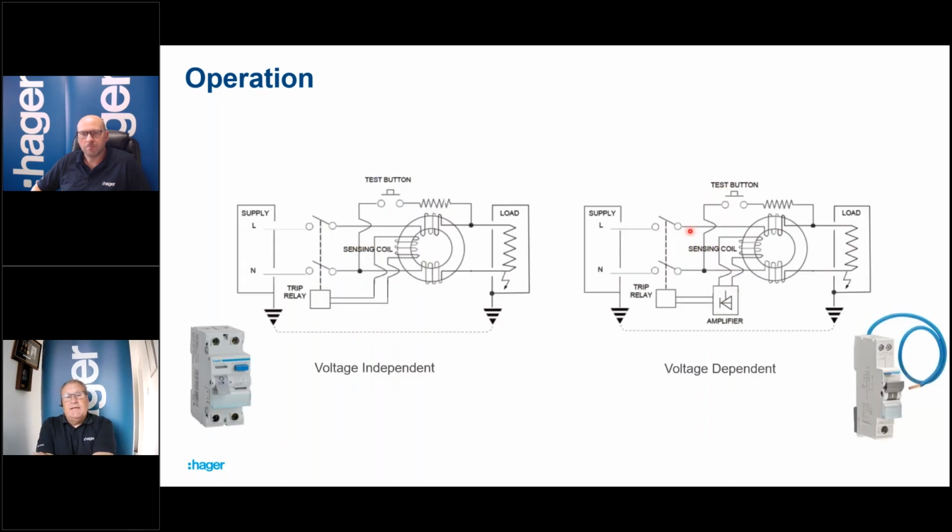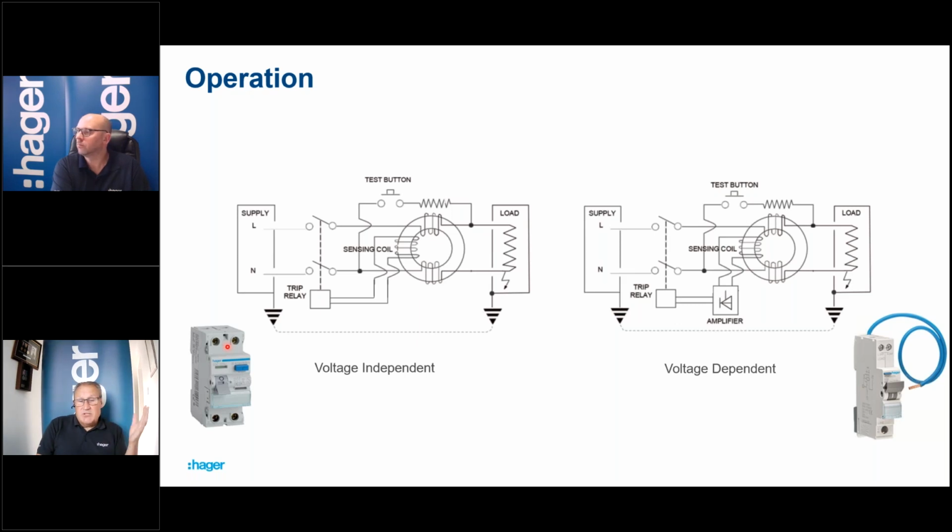Now, we have two technologies of devices. I'm actually not talking about type A's and things like that. So this is physically how they work. And as manufacturers, we would call them voltage independent or voltage dependent. Now, that's quite clearly as it sounds, really. A voltage independent device, like this device on the left here, does not rely on a supply voltage for it to operate.